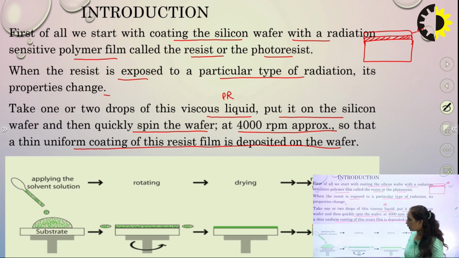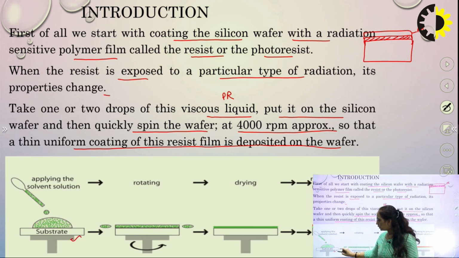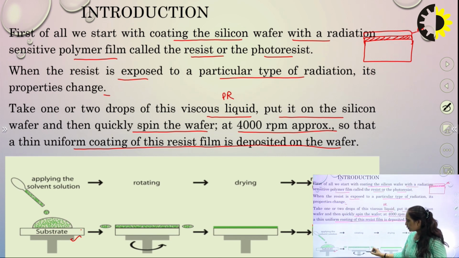So what are we going to have? We have this turntable, and we have the substrate over that. We are going to apply the PR material. A few drops of PR material will be dropped. It is rotated so that this PR will be spread uniformly over the substrate.